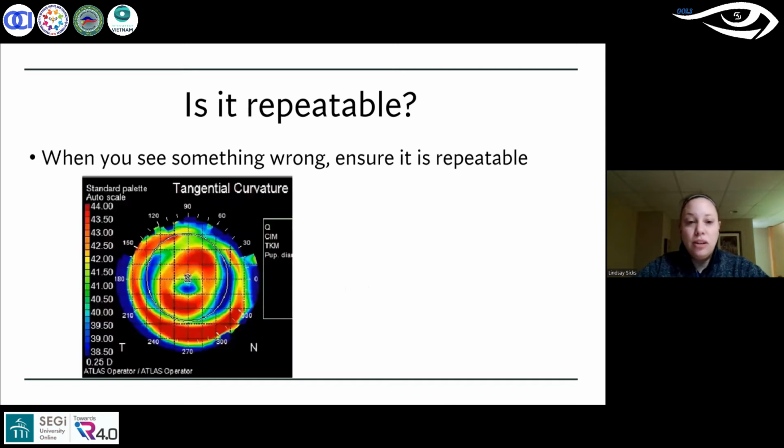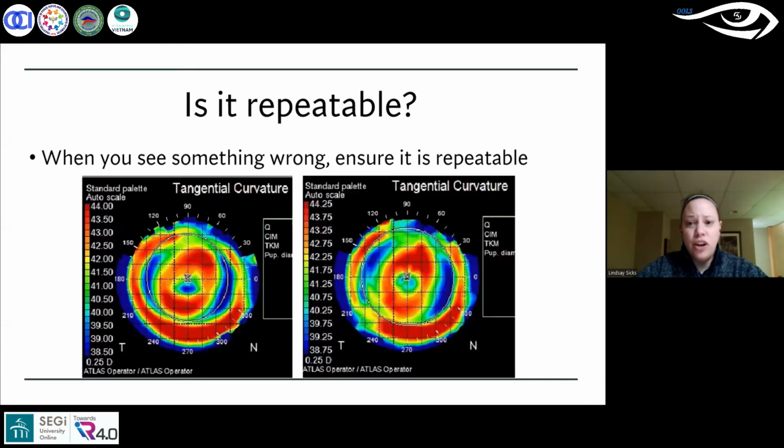You can have your patient come in one day and do their topography and it looks like this. And you think, oh man, that's really not great. It's oblong. The treatment zone is tiny. I'm not happy about it. And if you go to make changes off that, you might lead yourself astray.